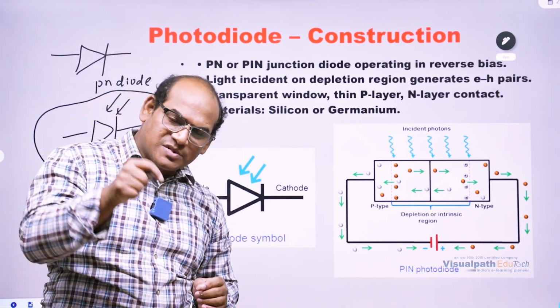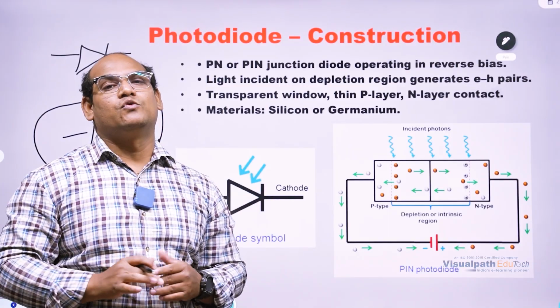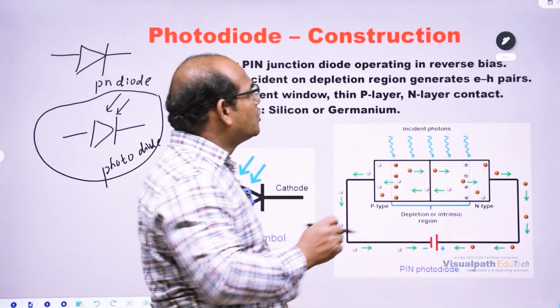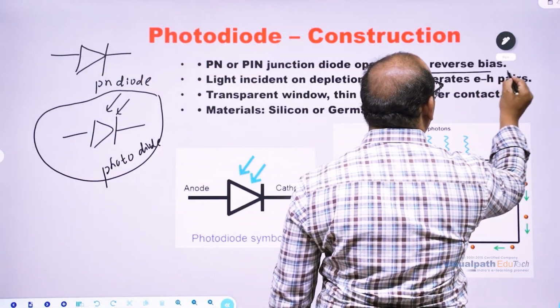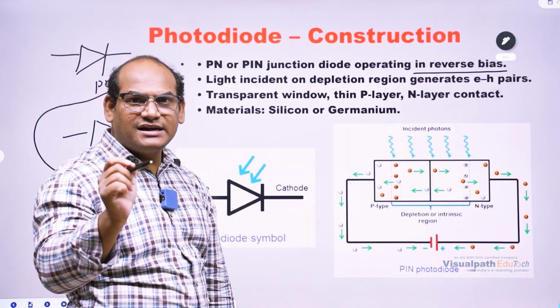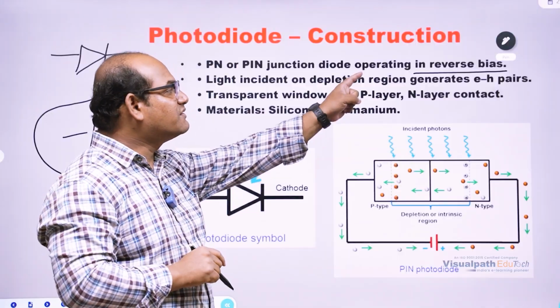So we need to keep the Zener diode in reverse bias. Then only it works like a voltage regulator. Similarly, the photodiode also should be operated in the reverse bias mode for its intended purpose.